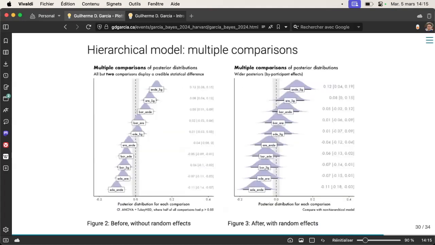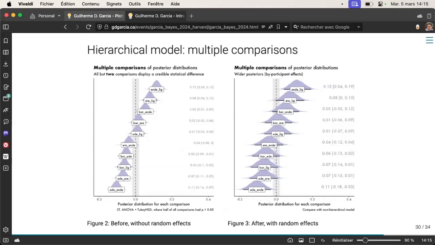So this is what happens if we run the same model. On the left, we have the model from before. On the right, it's the same model, but now with a by-participant random slope by affix. I'm not plotting the random intercept by word, but we could too.